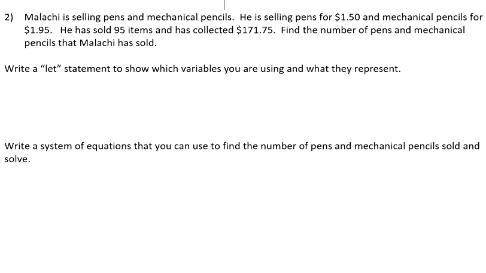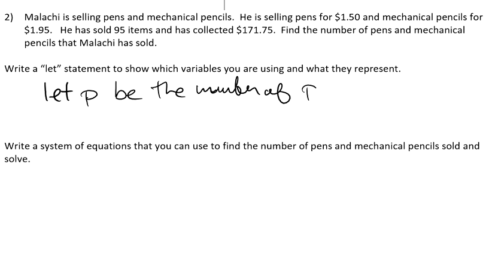So first of all, it says write a let statement to show which variables you are using and what they represent. So it's a really important first step so that as we write the equation, we know what exactly it is we're talking about. So I'm going to let P be the number of pens sold.